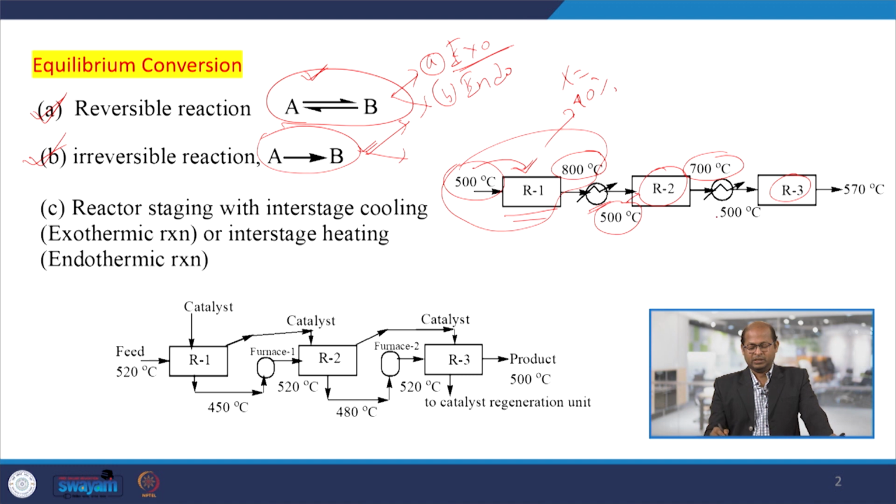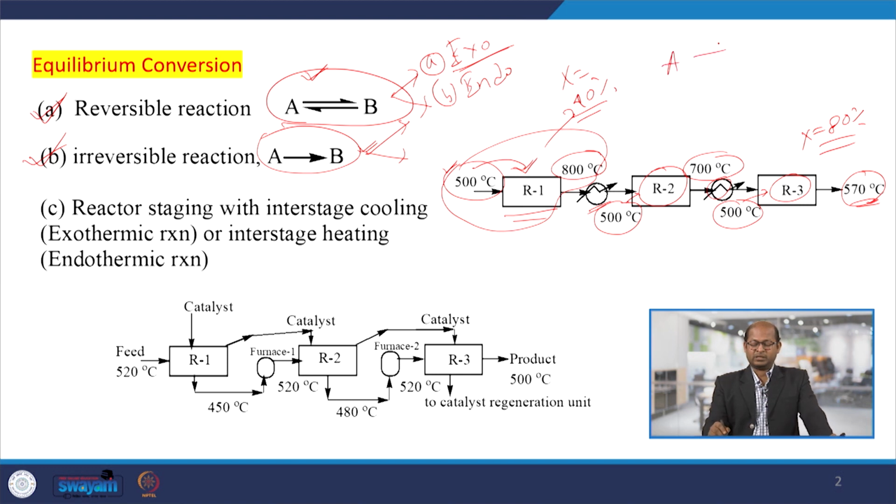Again we take the reacting mixture out, bring the temperature down to 500, and feed it to the third reactor. In the third reactor the reacting mixture comes out at 570 degree centigrade. We started with 500 and get 570 degree centigrade, and here we get 80% conversion, compared with 40% before.